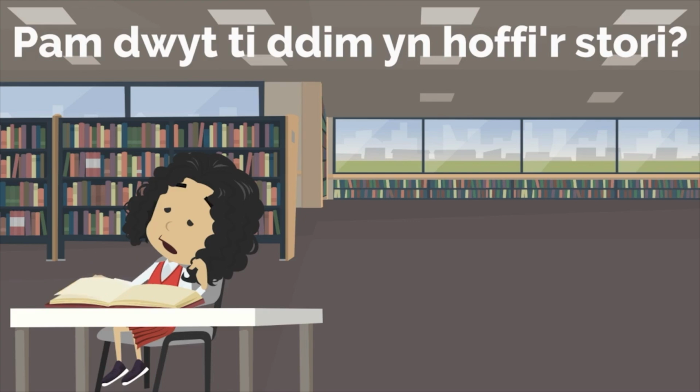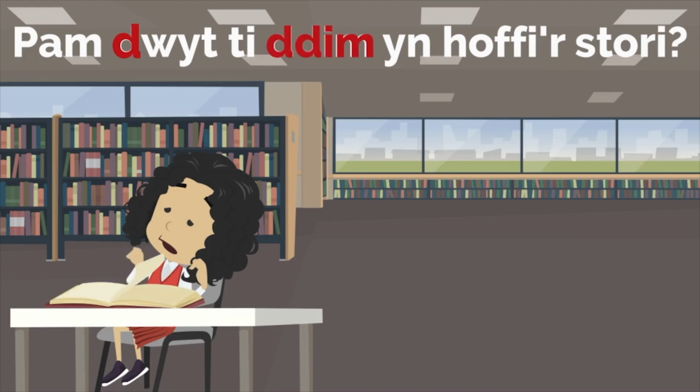Why don't you like the story? Ac eto, pam dwyt ti ddim yn hoffi'r stori? As you remember, we add a d and the word ddim when we use the negative.